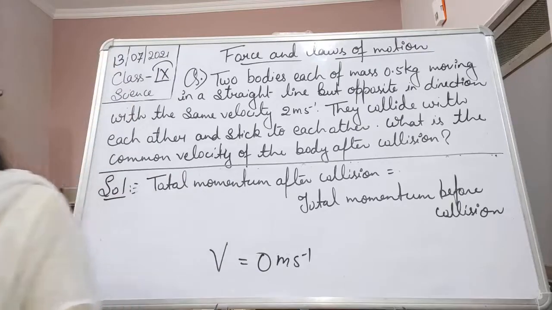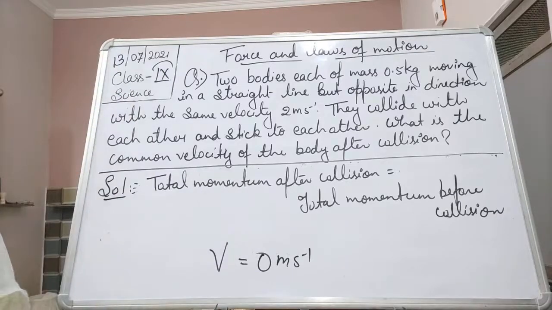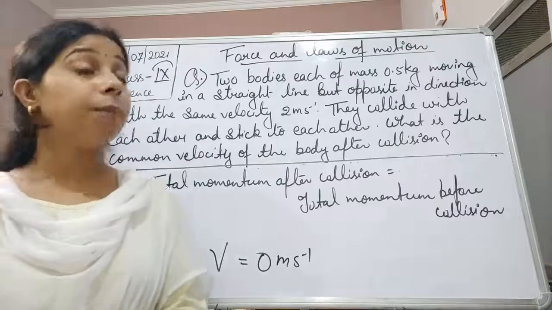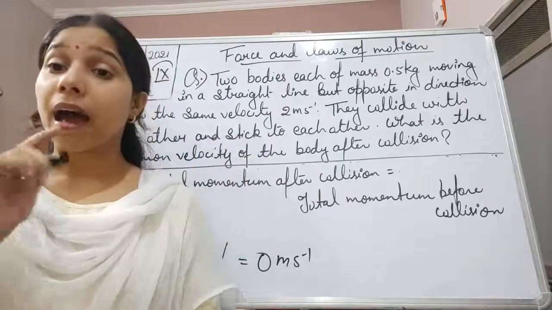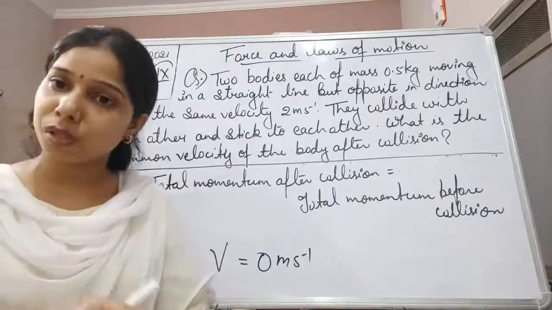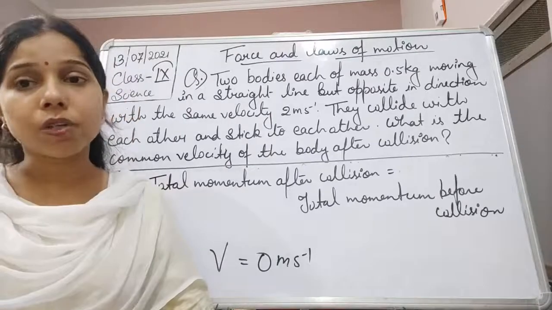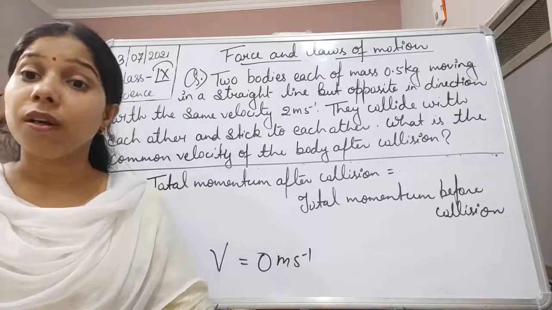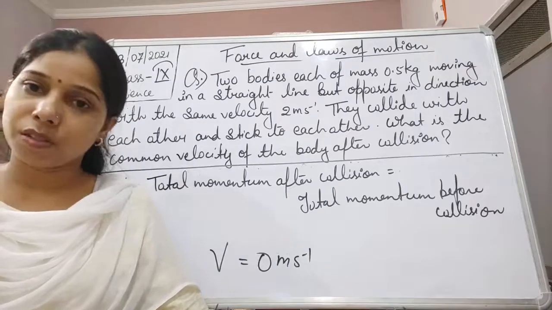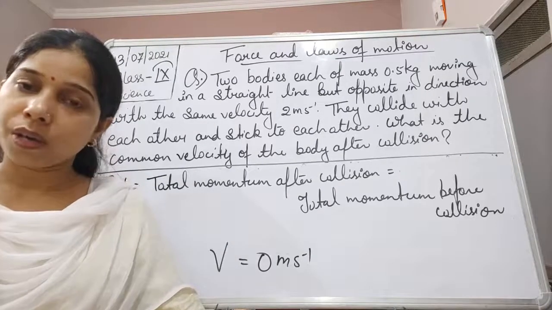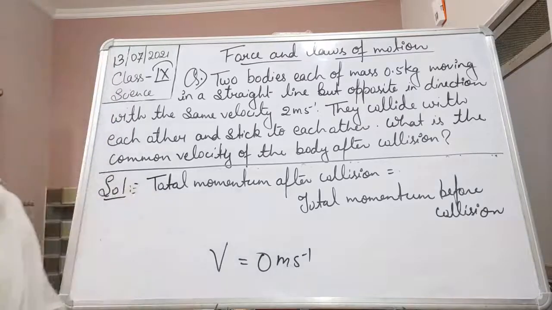So here the common velocity will be 0. What does that mean? It means when they collide and stick together, at that time the velocity becomes 0. They stick together and come to rest, and that is why the velocity becomes 0. Okay, so this is the first question.